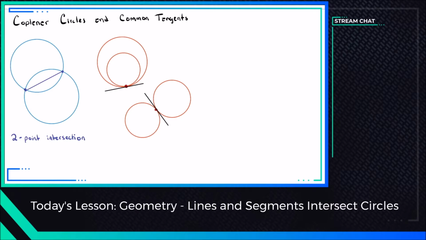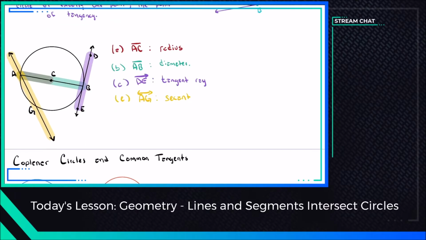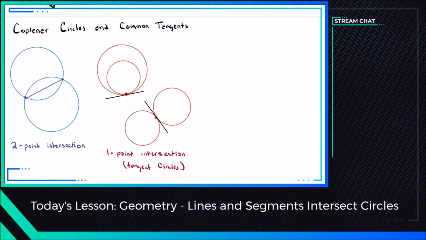And so if we have circles that have 1 point of intersection, those are going to be called tangent circles. Whoops, didn't mean to go all wild there.